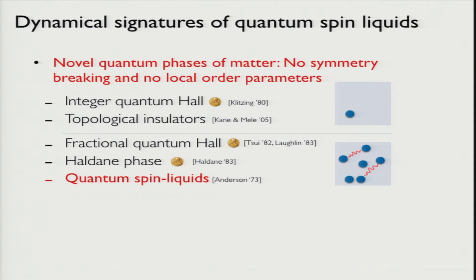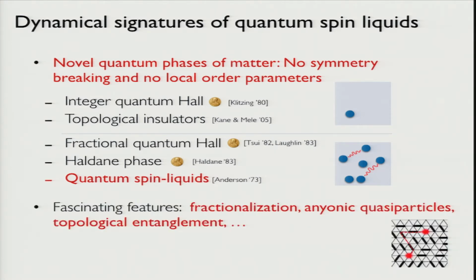Moreover, some of these phases can occur in a simple single-particle picture, such as the integer quantum Hall effect and topological insulators, while others are emergent topological phases where the interesting physics only happens because the particles strongly interact. Among this category are quantum spin liquids. Here the interactions between particles are quite important, and the interesting topology arises as an interplay between quantum fluctuations and strong interactions.